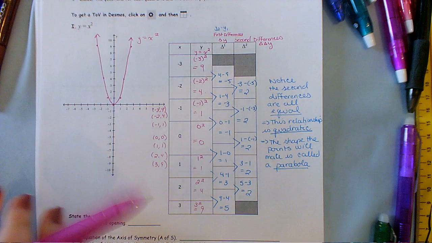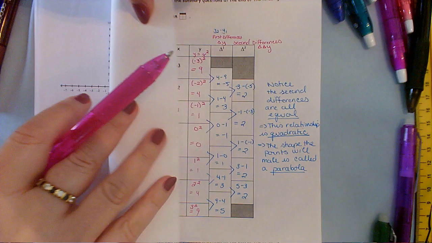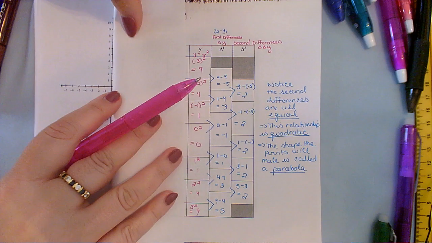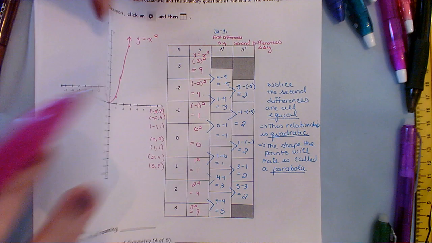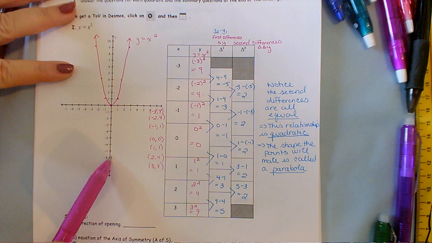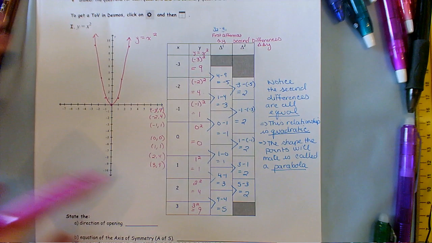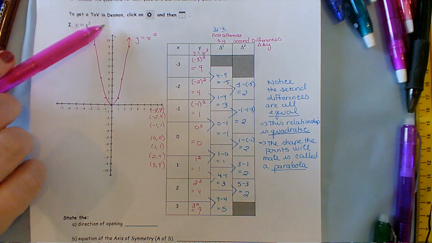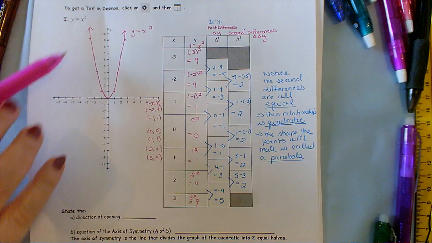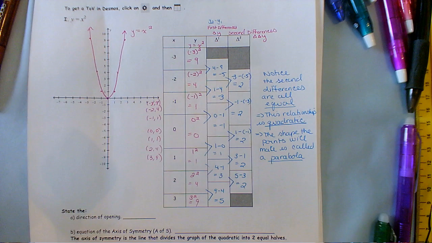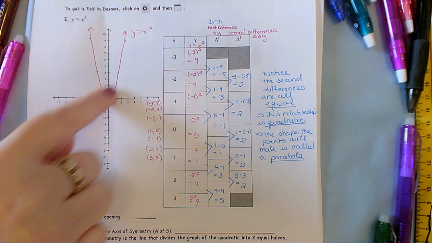Like I can fold the page and have one arm sit on top of the other arm. Like you can see my pen through the page, if I fold it along the y-axis. So the y-axis is actually acting as the mirror. And we call that the axis of symmetry because that seems to be where the points are aligned off of. Notice that it's a U shape, that it seems to be opening in a direction we call up, right? The U is opening up.